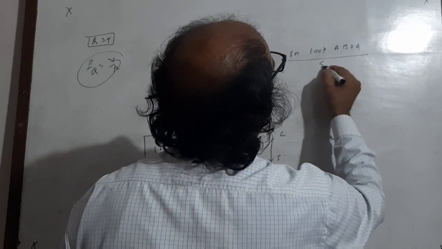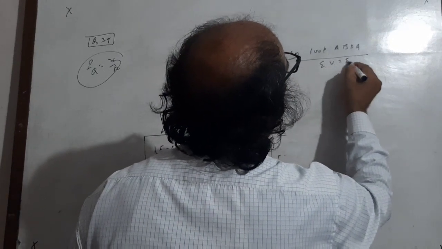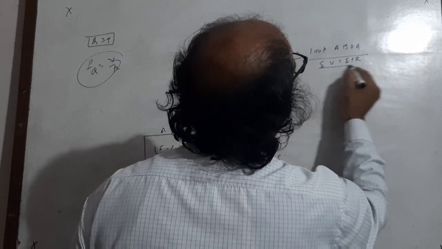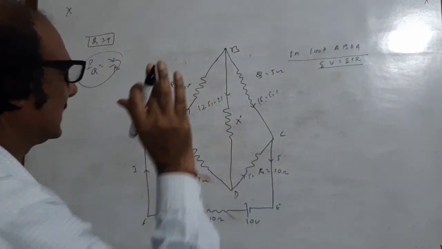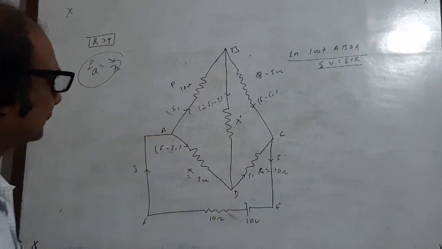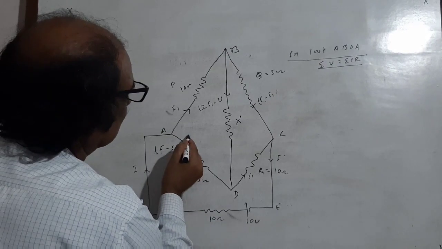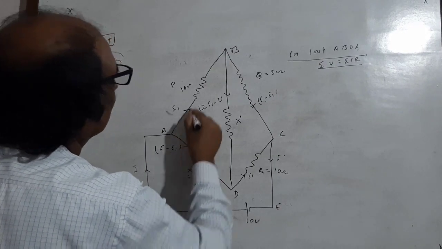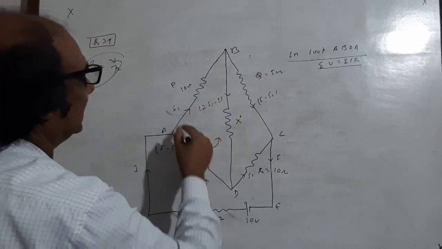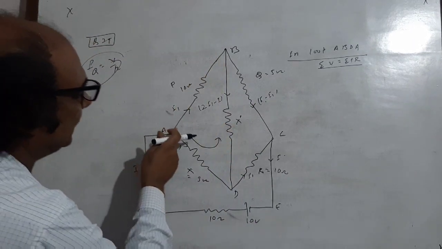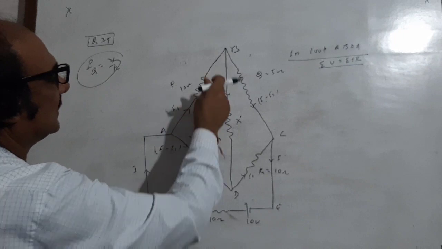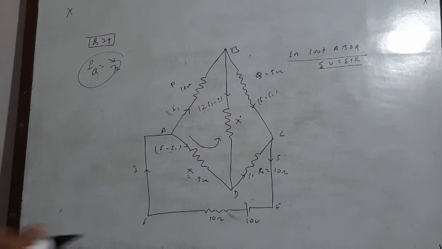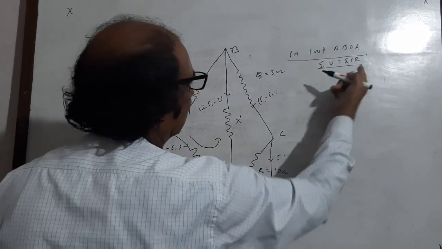So V equal to IR, and here there are no cells connected in the loop. So this direction is taken as anti-clockwise and this one is taken as clockwise in the same loop. So if this is taken as positive, this one is taken as negative. So the product of current and resistance.